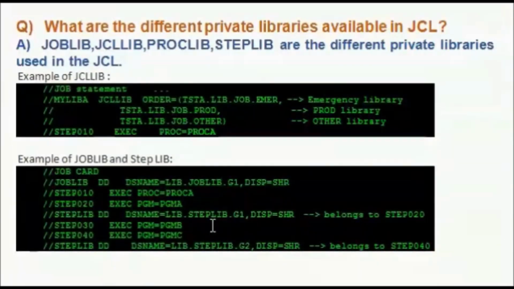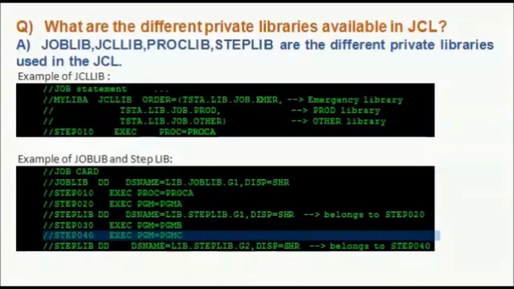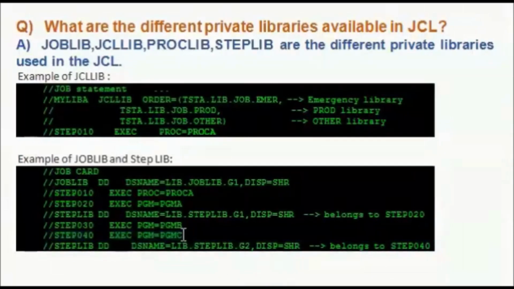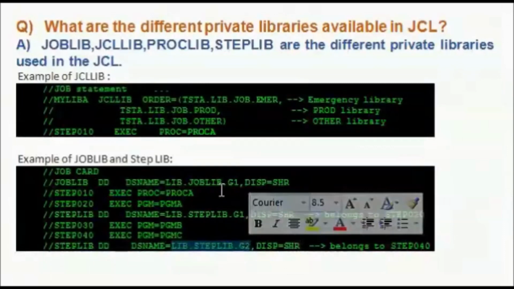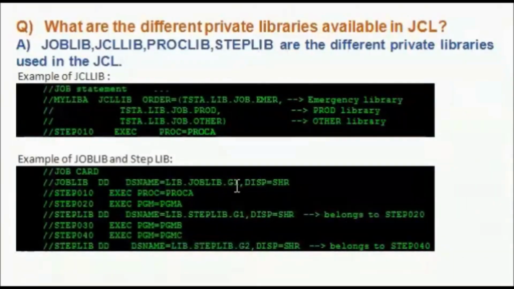When step 030 starts the execution, PGMB will be searched in LIB.JOBLIB.G1 and then it will search in the system library. When step 040 starts the execution, the system searches for PGMC in LIB.STEPLIB.G2 first. Then it will search in LIB.JOBLIB.G1 and then in the system library.